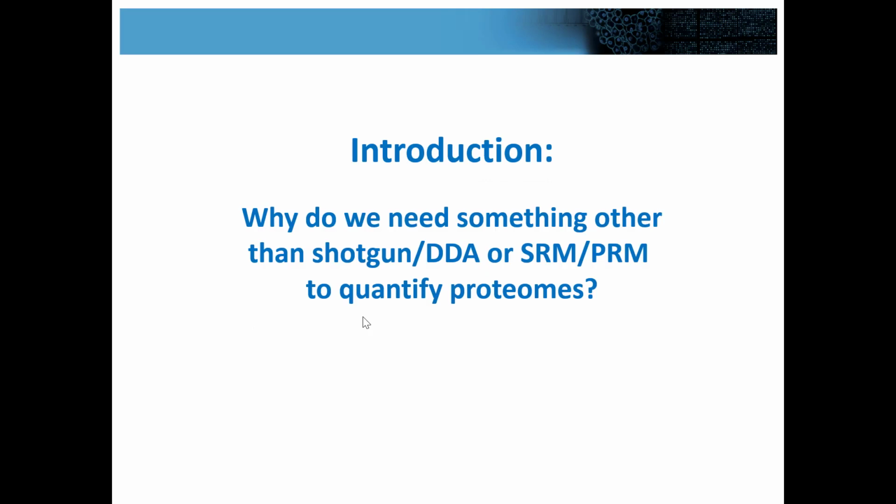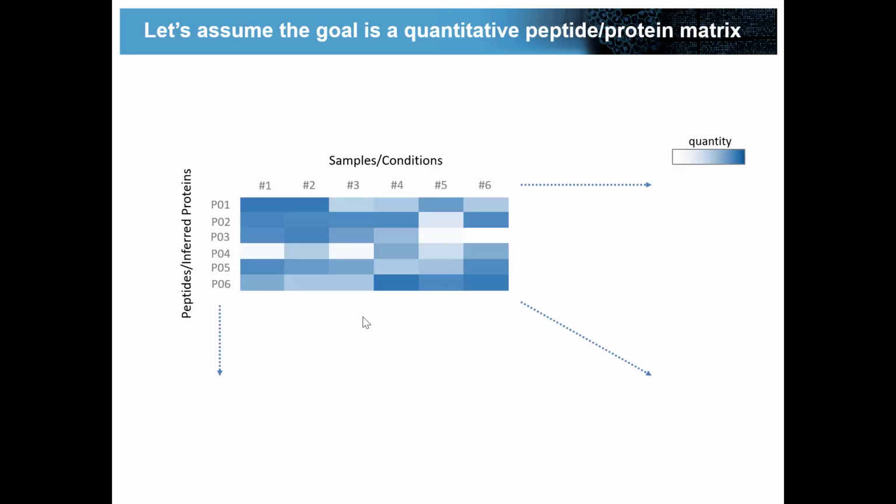So firstly, why do we need something other than shotgun or DDA, or more classical targeted proteomics approaches like SRM or PRM, to quantify proteomes? Rudy already showed some pictures like this, but let's state the obvious.